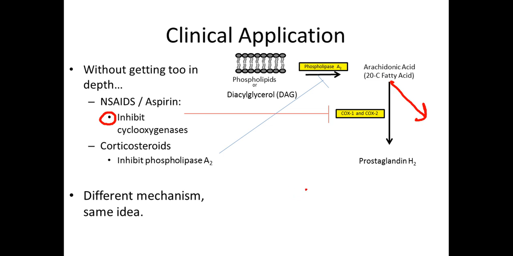Remember I said white blood cells produce the leukotrienes? If you know anything about steroids, steroids decrease your immune function. So corticosteroids decrease the amount of arachidonic acid that can be converted into our leukotrienes, which results in a decrease in inflammation through our leukotriene pathway.